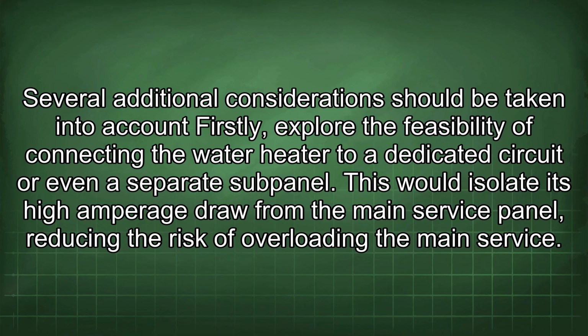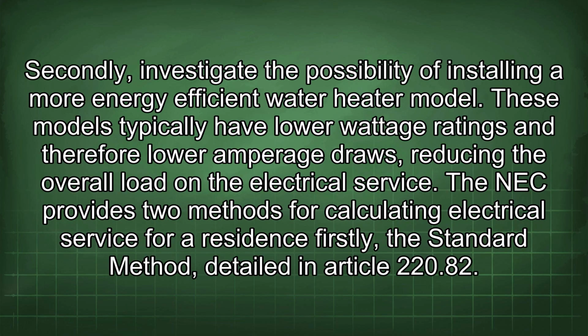Firstly, explore the feasibility of connecting the water heater to a dedicated circuit or even a separate subpanel. This would isolate its high amperage draw from the main service panel, reducing the risk of overloading the main service. Secondly, investigate the possibility of installing a more energy-efficient water heater model. These models typically have lower wattage ratings and therefore lower amperage draws, reducing the overall load on the electrical service.